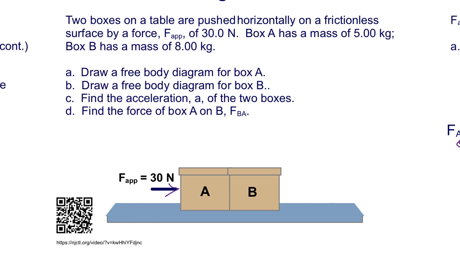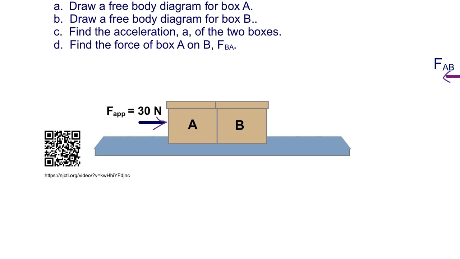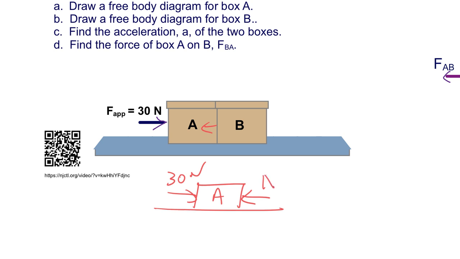Okay, so here's another example. If they're pushed together, no string, it's the same kind of idea. So if I draw a free body diagram for each box, box A has the force of B pushing against it and the 30 newtons here. I'll call that the norm. It's really a normal force because it's pushing against it, but that'll be confusing.